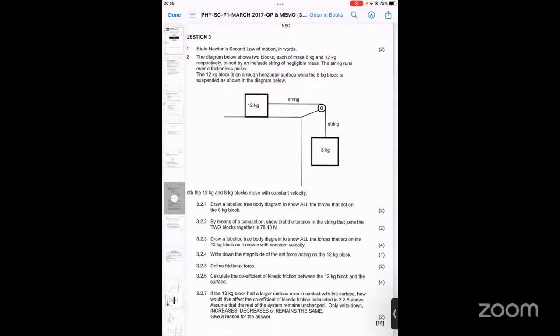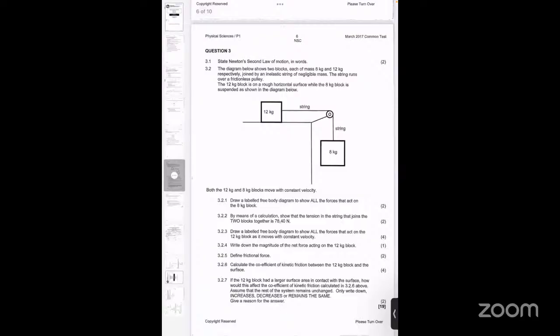So now let's have a look at the next question. The next question reads as follows, 3.2. The diagram below shows two blocks, as we can see, each of mass 8 kg and 12 kg respectively, joined by an inelastic string of negligible mass.